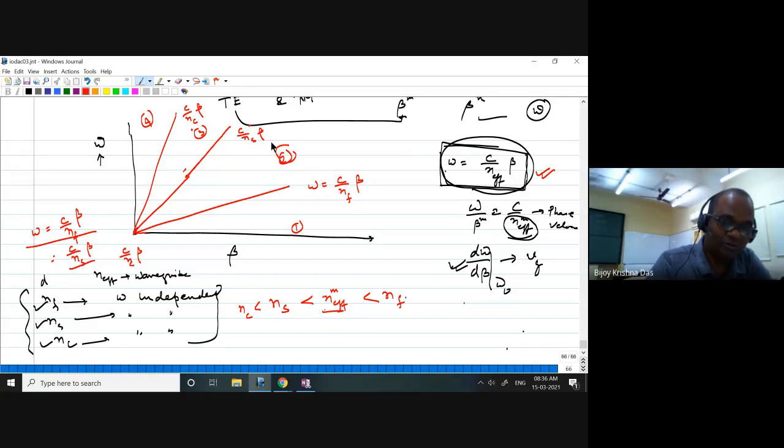Now guess what would be the nature of the solution as you go from smaller beta to higher beta, or smaller omega to higher omega.